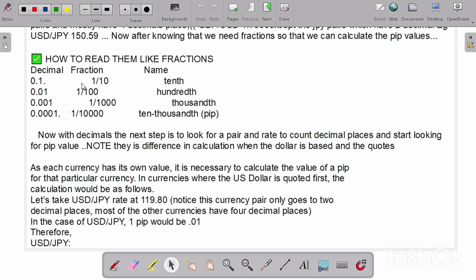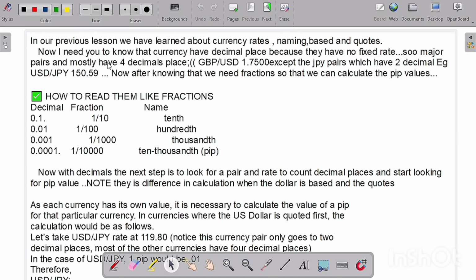You can see here, from this side going to the left, we talk about ones, tens, hundreds, and something like that. We want to know the last number, which is the pip, like what I have been teaching about pips. Here we have how many decimals? We have 4 decimal places.